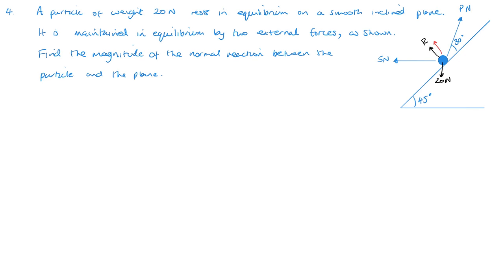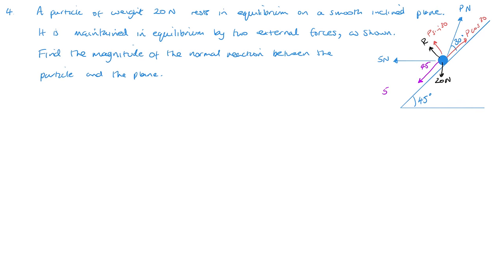P is going to be up here and this way. So up the slope will be P cos 30, and then this one will be P sine 30. Then I'll switch to purple when I do the 5 newtons. This will be going down the slope here. Now this angle here is 45 degrees.